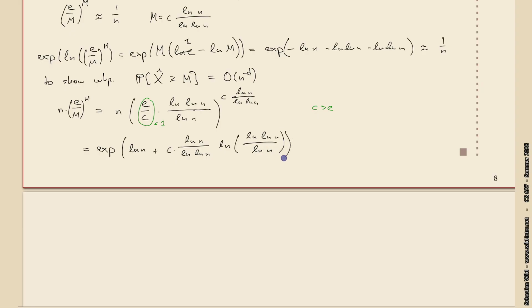And now we're splitting off this term in here, right? And what you'll see is the ln n here with the log n cancels with that. No, not yet.